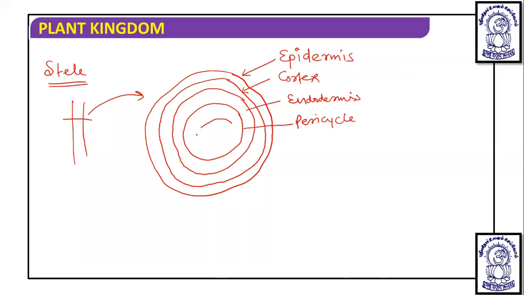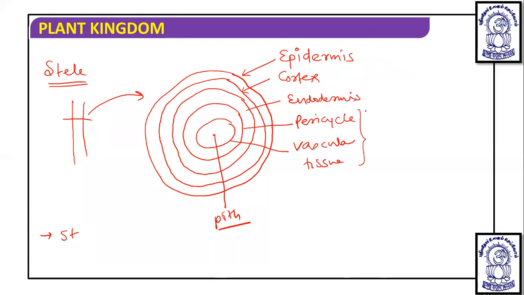And inner to the pericycle, you will find vascular tissue when you take a cross section. In the vascular tissue, centrally you will find the presence of pith. Now if we talk about the stele, then the stele consists of all the tissues which are present inner to the endodermis.